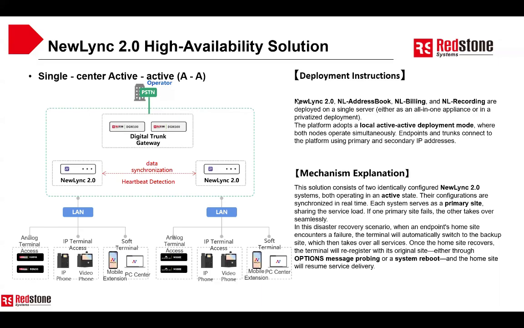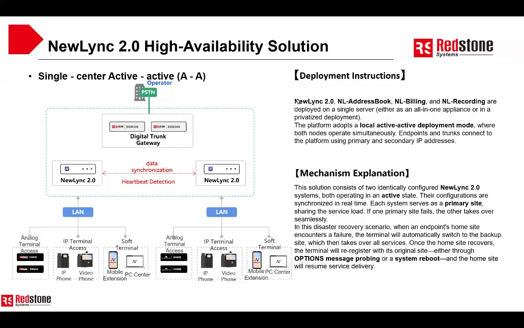We realize some things at the operating system level, like third-party tools. So naturally, it will add some complexity to long-term maintenance. So we can use virtual IP, but we do not primarily recommend virtual IP. We recommend the single center active-active.